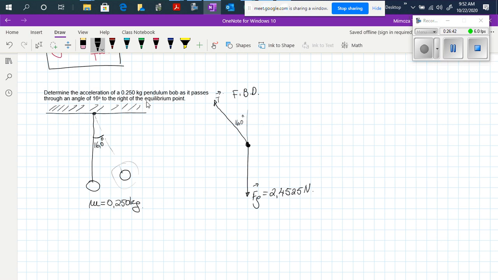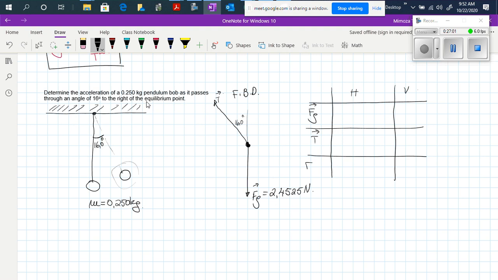So now let's build the table of components, something that we have done from day one. Horizontal and vertical, and then we have the force of gravity, tension, and net force as the forces the object is experiencing. On the horizontal, the force of gravity is equal to 0. On the vertical it is a negative 2.4525.